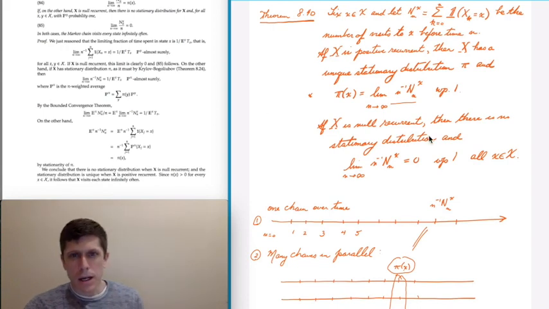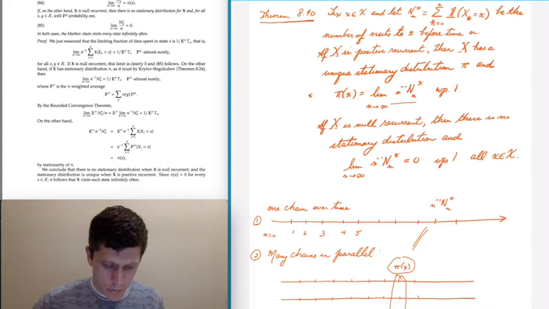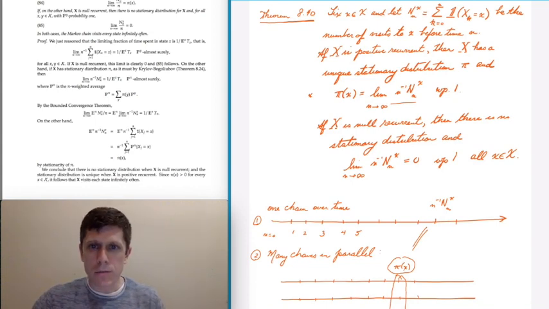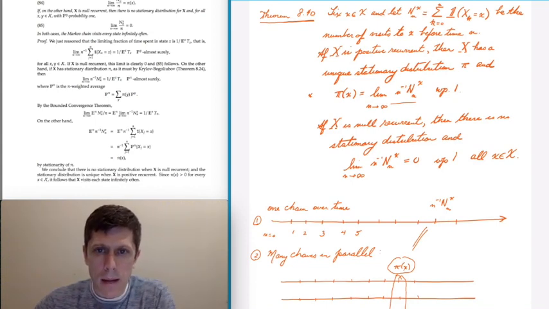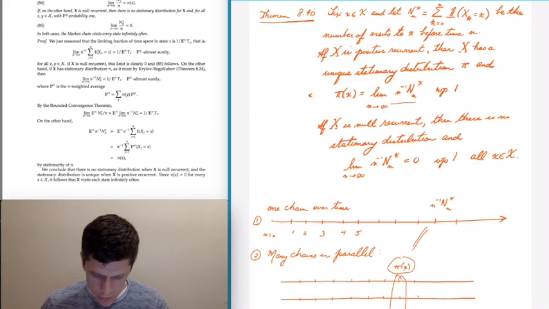All right, so now the last thing that we want to show is this last theorem here, theorem 840, about the long-run limiting behavior of positive recurrent Markov chains.